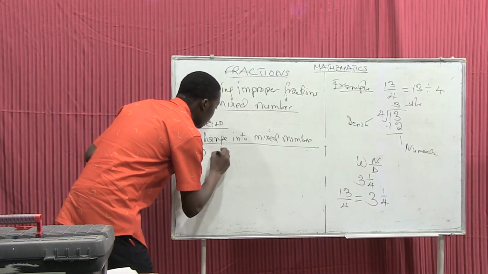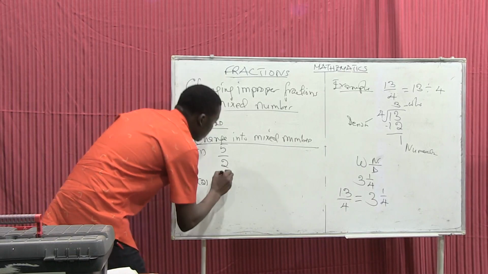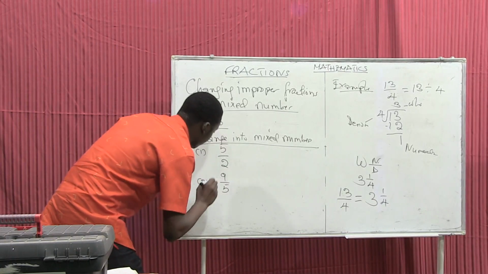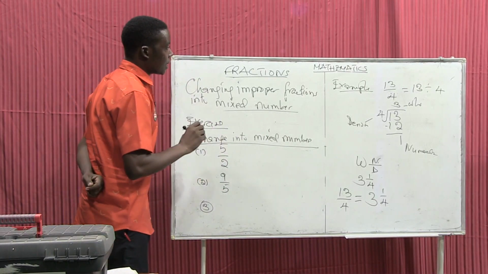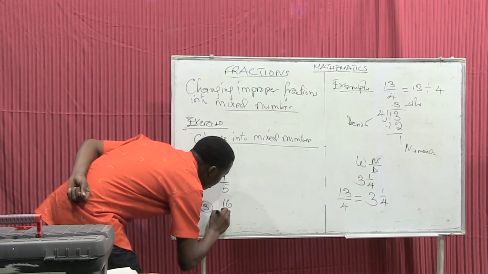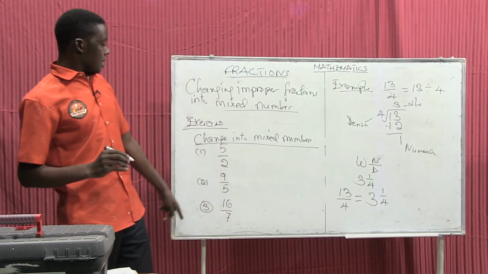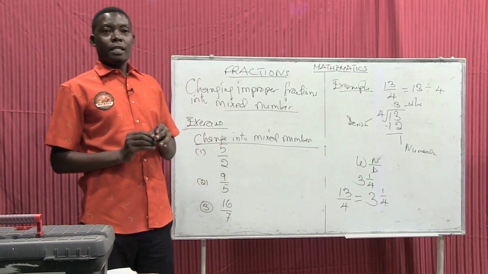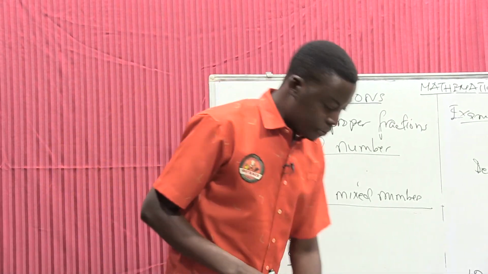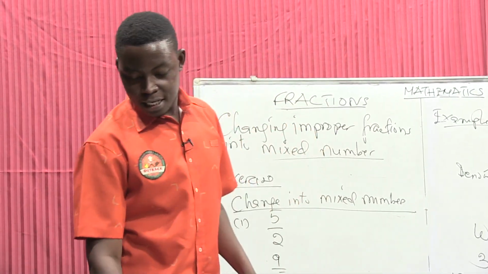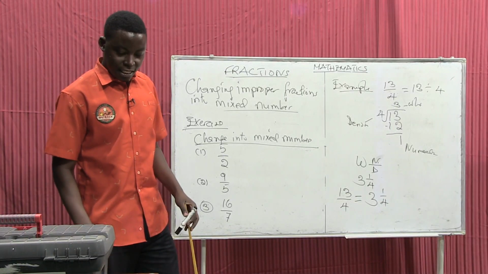Number 1, 5 over 2. Number 2, 9 over 5. Then number 3, 16 over 7. Change these 3 questions. If you get any problem, please preserve it. When we come for the coming session, probably tomorrow, we will discuss it in detail.